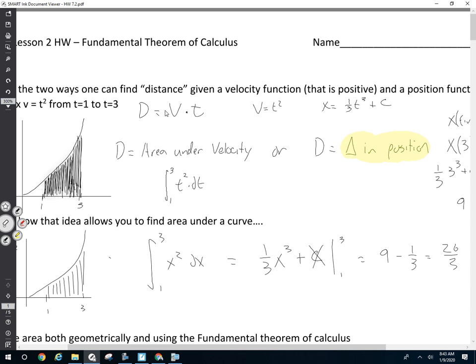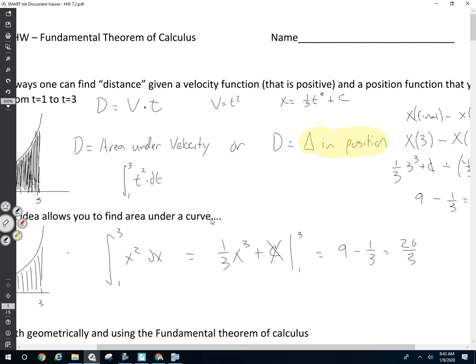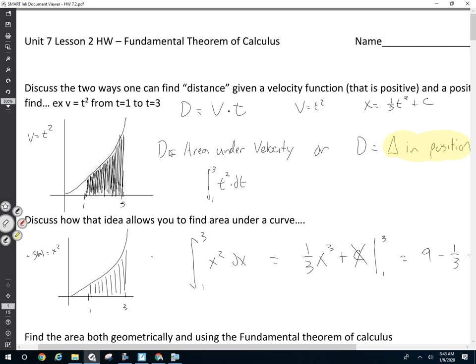We find change in position by finding the position function by taking the antiderivative. We use integrals to say, hey, take the antiderivative. Find the final position minus the initial position. You end up finding the displacement, or like the distance if your velocity is positive. So this is how we're introducing things. And hopefully this makes sense to you. Thank you.